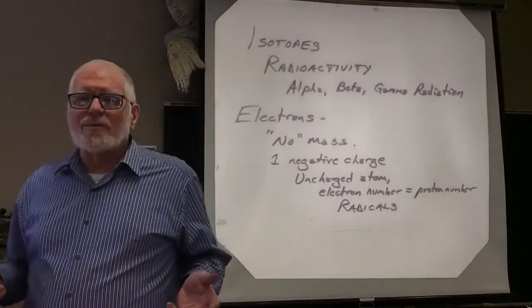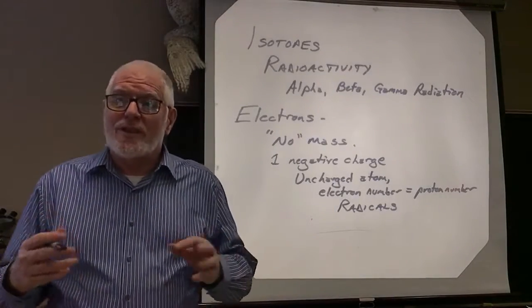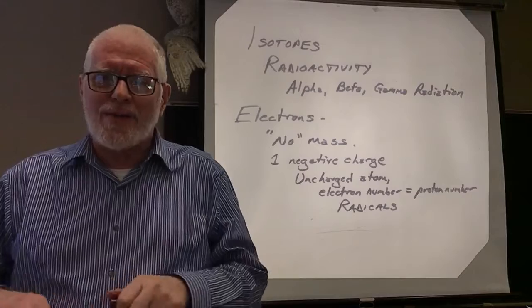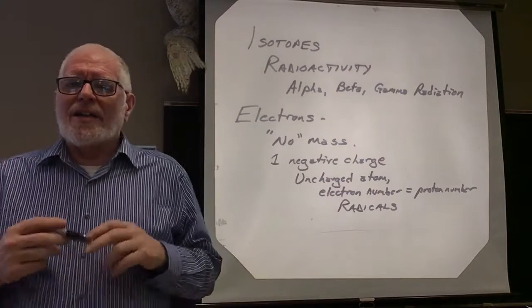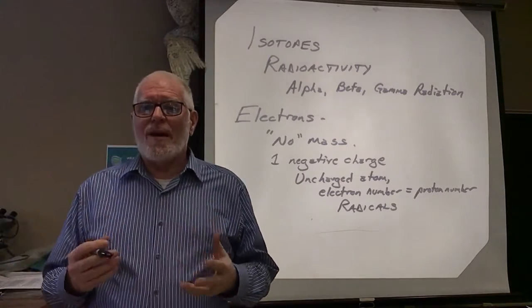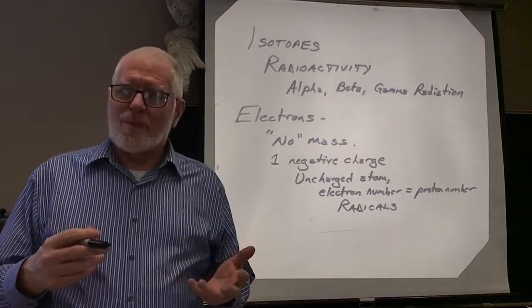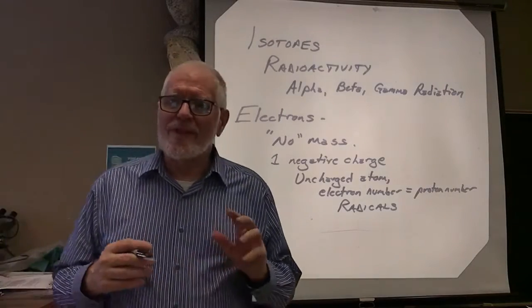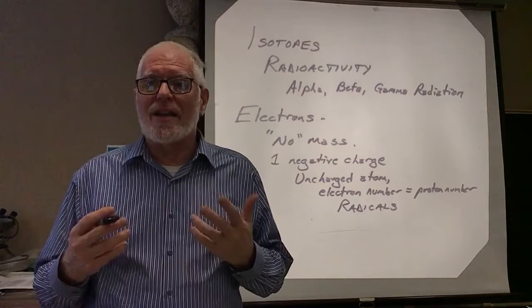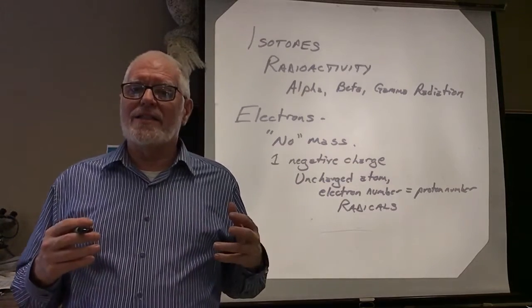These uncharged atoms are often called radicals, which gives you a clue as to stuff about them. A lot of radicals are very, very chemically reactive. We'll talk about why in just a minute. The most common radical released from biological chemistry is the oxygen radical.